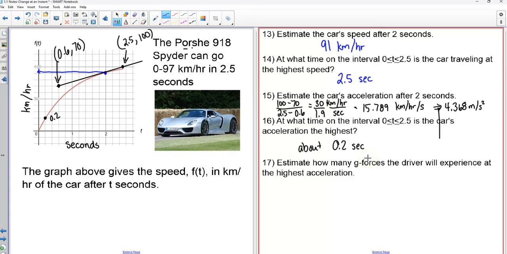So whenever you're taking off in a fast car, you're going to experience that acceleration more at first, and then you're going a lot faster over here at the end, but you're not experiencing that acceleration quite as quickly, right? You can try this in your own car safely, but, actually, don't try this in your own car.